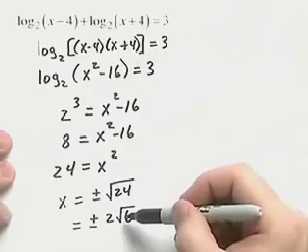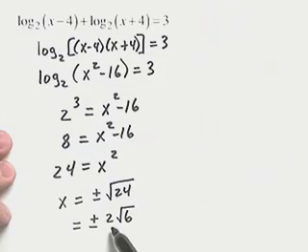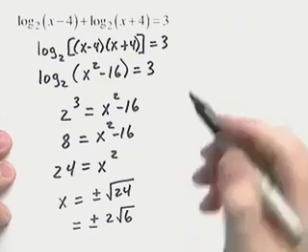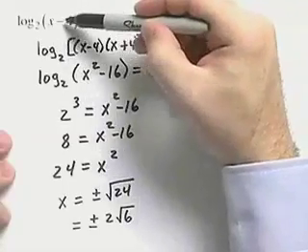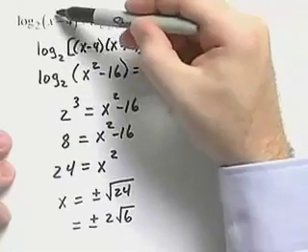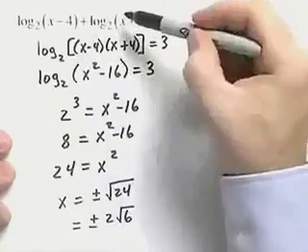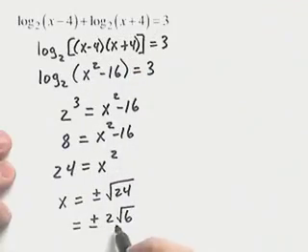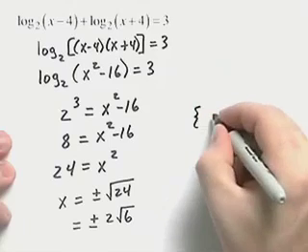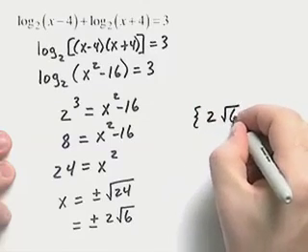So the positive solution will work. If we look at the negative solution, we'd have a negative 4 point something. That's going to cause a problem in this first logarithm, and also over here. Since we can't take the log of a negative, we can't use our negative solution. So the only solution is 2 root 6.